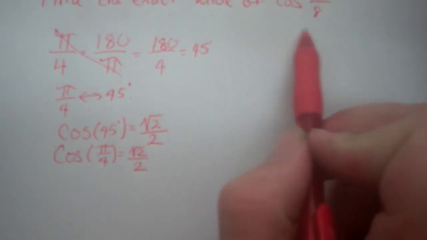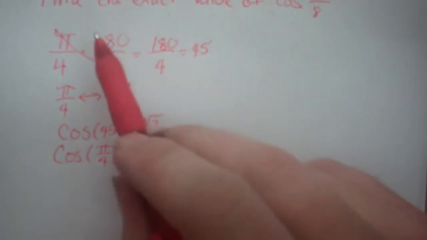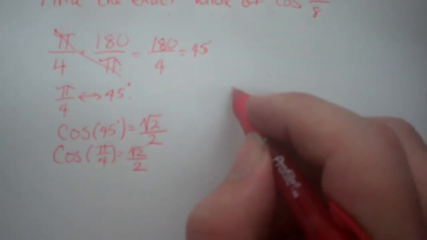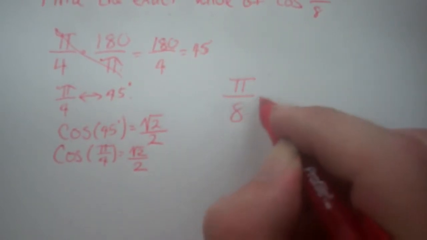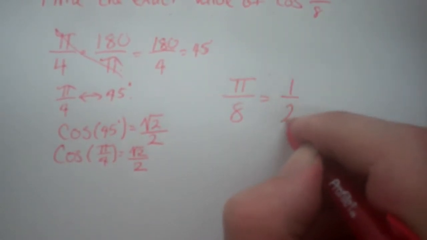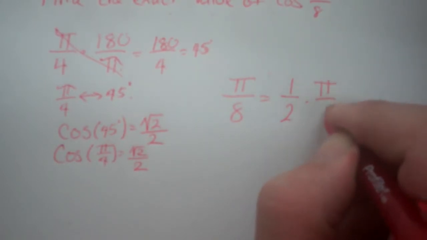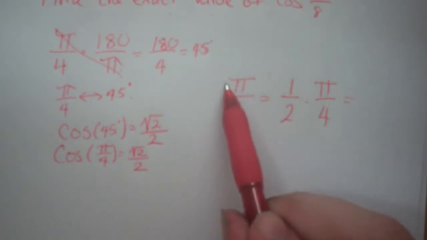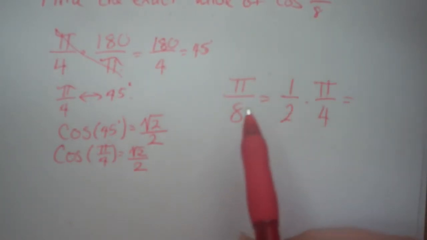We want to find the exact value of the cosine of pi over 8. Well, how does pi over 8 relate to what we know? If you think about it for a while, you'll see that pi over 8 is equal to 1/2 of pi over 4. See this? 1 times pi is pi, and 2 times 4 is 8.